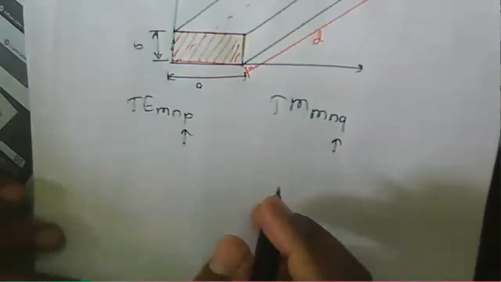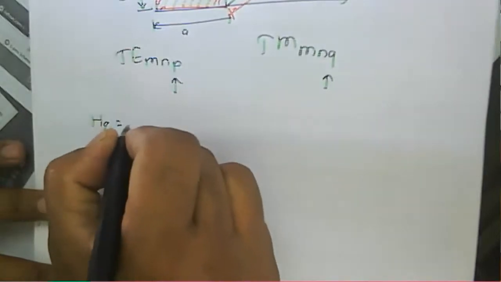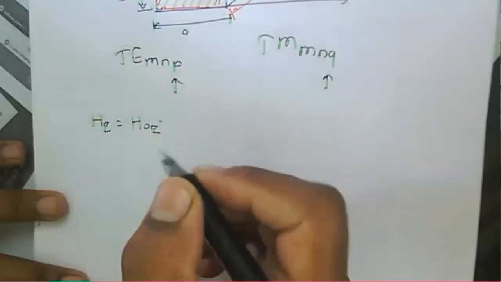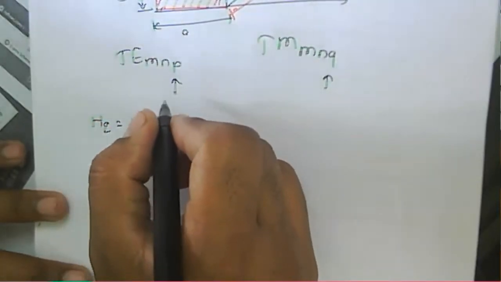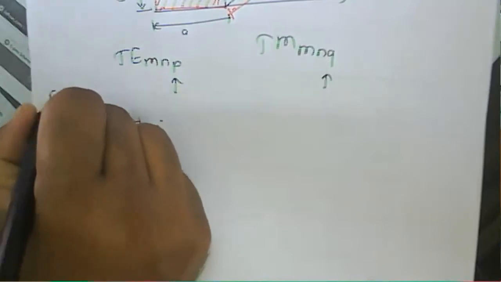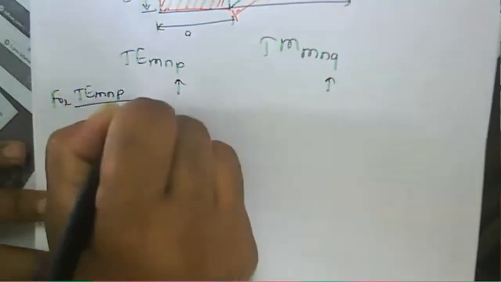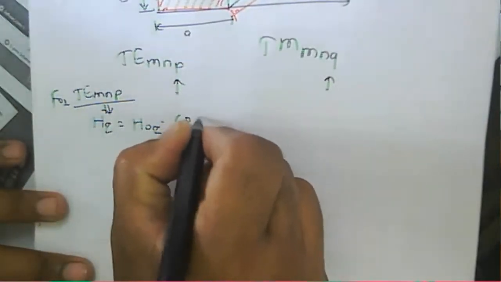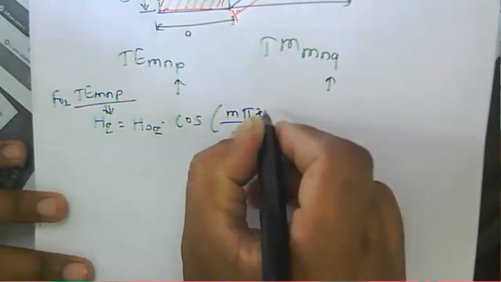Now, based on that, we have the equations for the cavity, because for a TE mode or a TM mode, everything depends upon the field component. For TEmnp, we need to obtain the Hz component, and based on the Hz component, we can obtain all the other components.